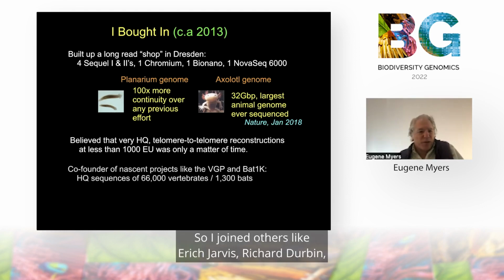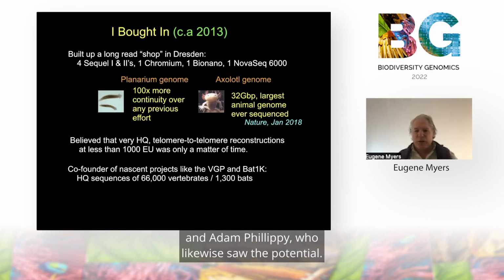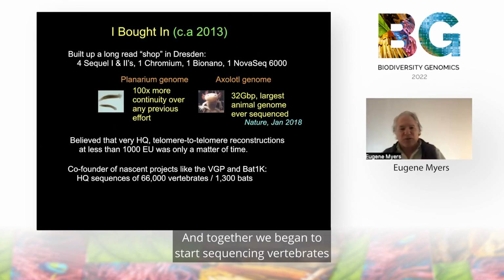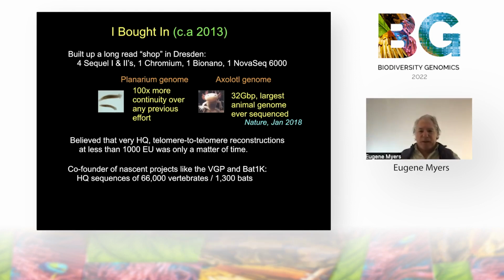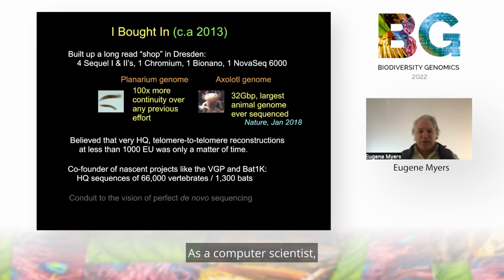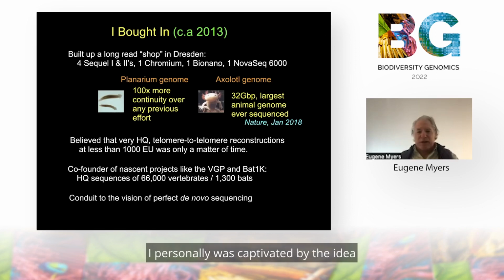So I joined others like Eric Jarvis, Richard Durbin, and Adam Philippi, who likewise saw the potential. And together we began to start sequencing vertebrates and bats in the nascent VGP and BAT1K projects. As a computer scientist, I personally was captivated by the idea that we might ultimately achieve perfect de novo reconstructions.